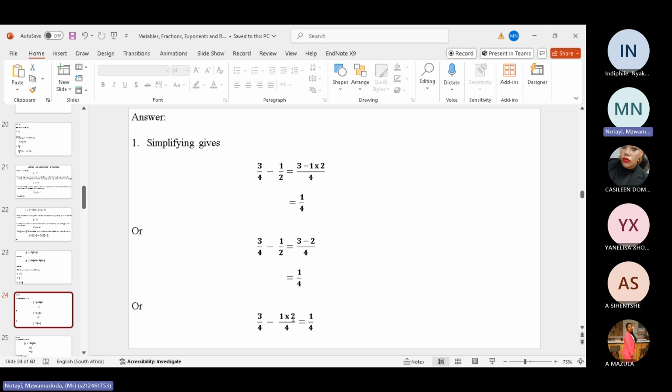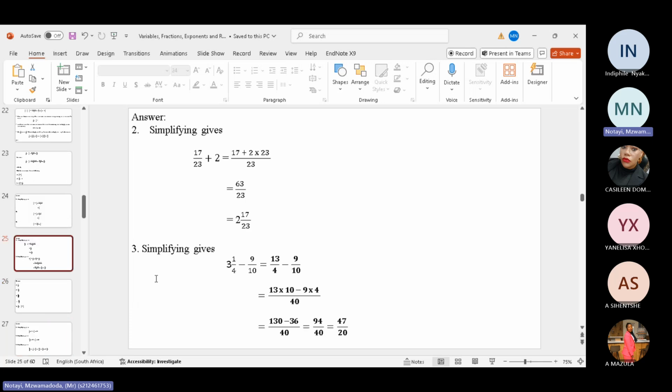If you multiply the numerator by 2 and the denominator by 2 of the second fraction, it will make things easier. You will have 2 on the numerator and then you have 4 on the denominator as well. So it's going to be 2 over 4. So 3 over 4 minus 2 over 4. So you take the common denominator as 4. So we have 3 minus 2 in the numerator part, which gives you 1 over 4.